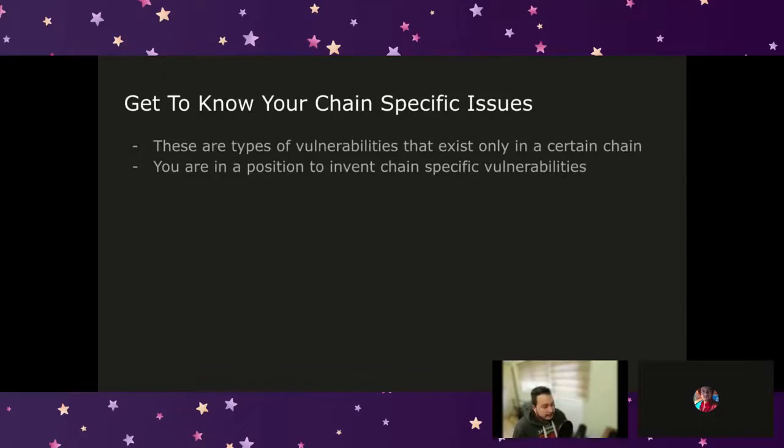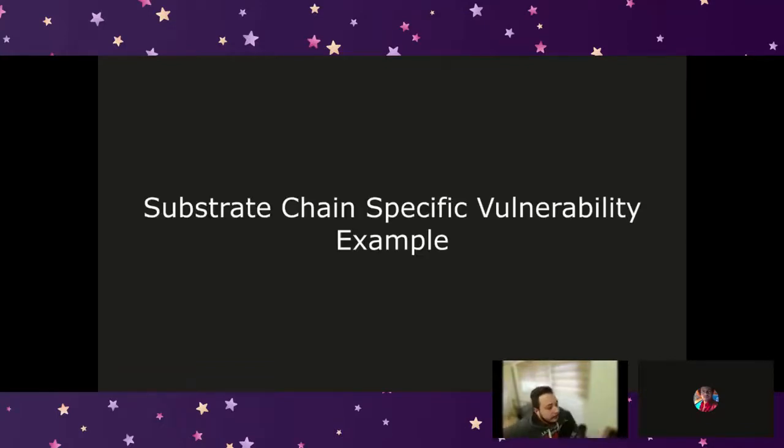There are not as many Rust Web3 security folks out there, so you have the opportunity to invent new chain specific bugs, attack scenarios and attack vectors. If you decide to concentrate on Substrate or Near, you might invent some new stuff there. So it's an amazing place to be in. And here is an example of a chain specific vulnerability for Substrate.